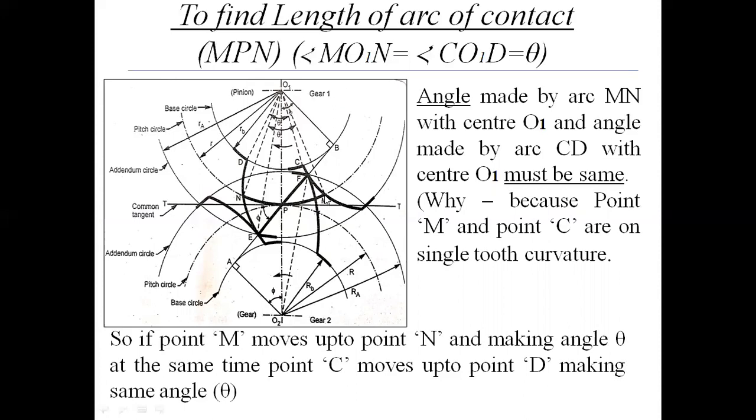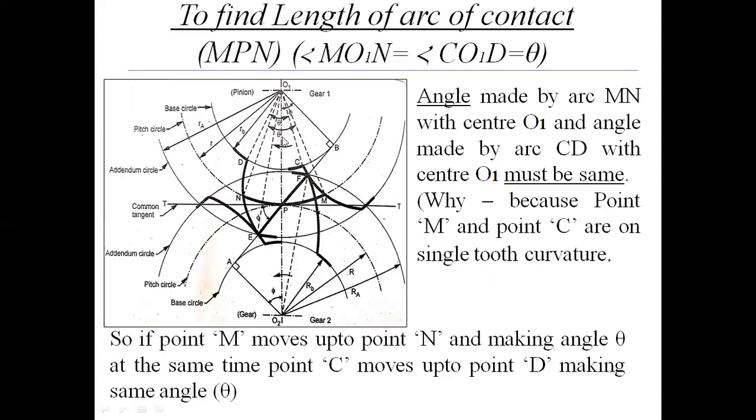So if point M after some rotation takes the new position N, making angle theta with center O1, then point C on the same curvature will at the same time take the new position D. So the arc CD also makes the same angle theta.